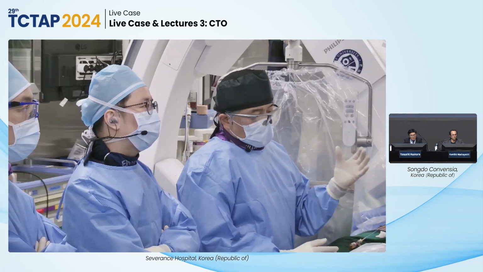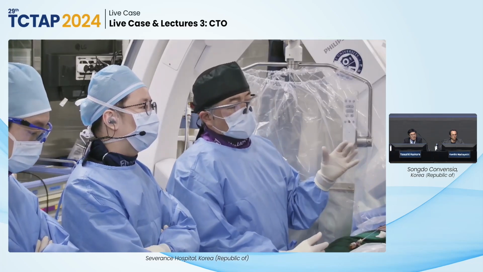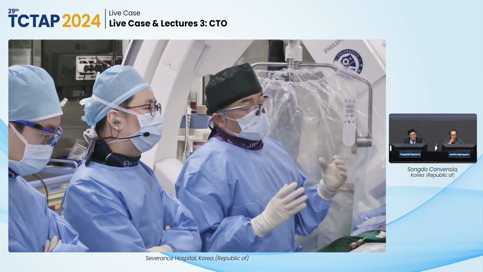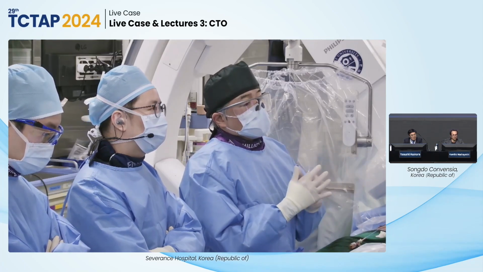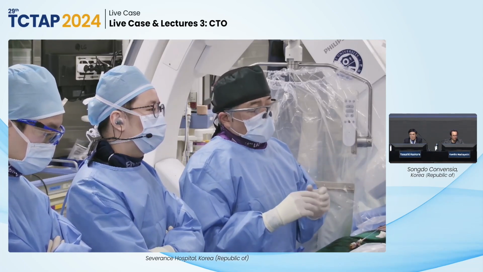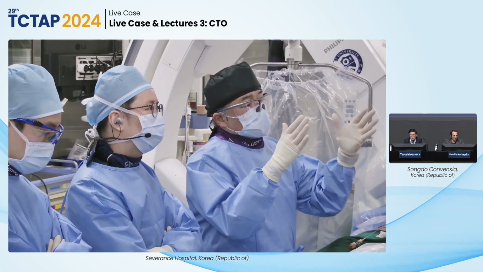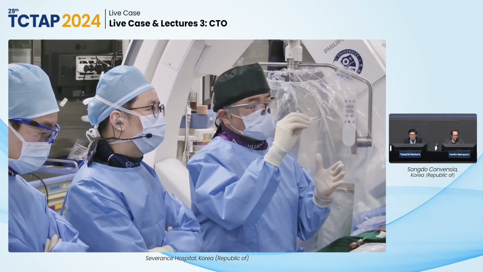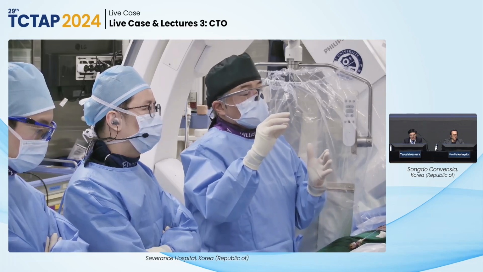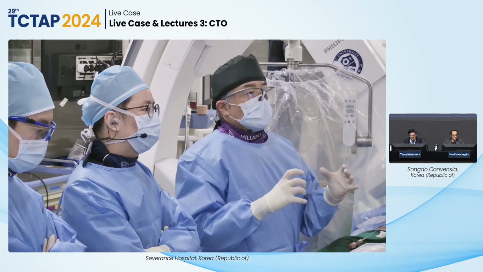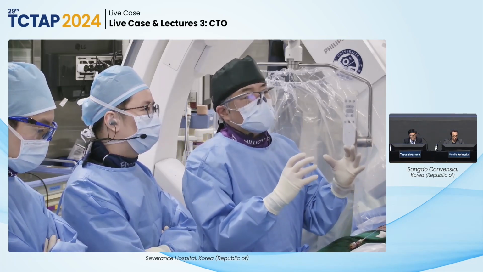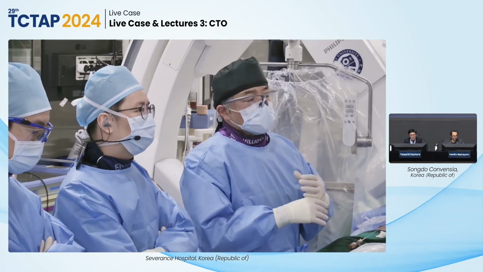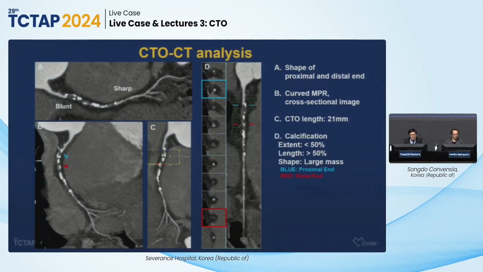So as Dr. Kambis mentioned, from the RCA CT analysis and also the angiography, from the MPR images we saw so much spotty calcification. However, in the cross-sectional images, the calcification was not so severe.